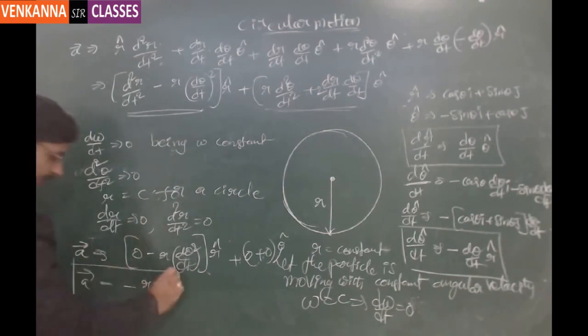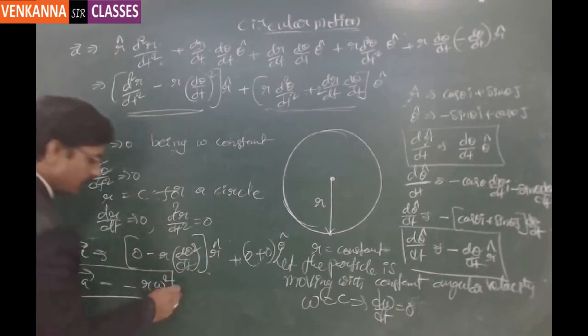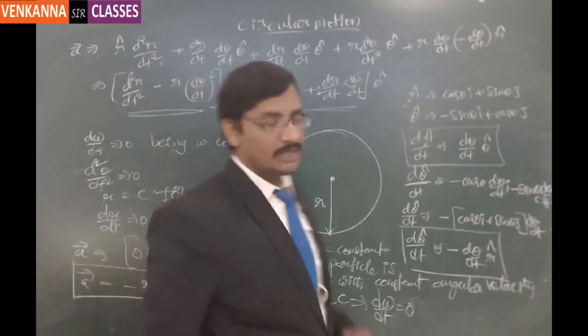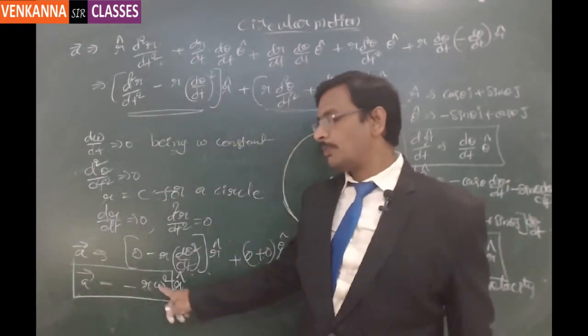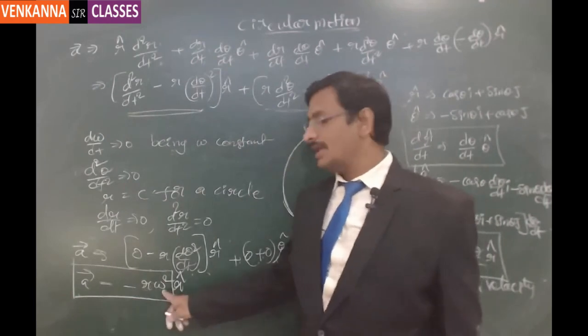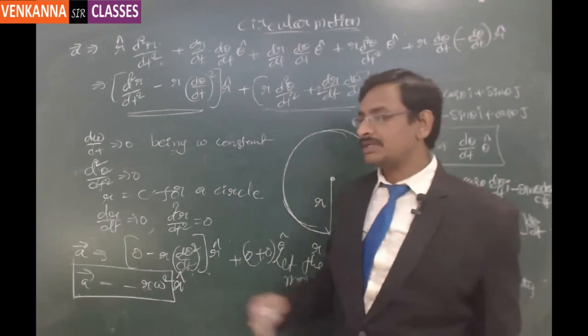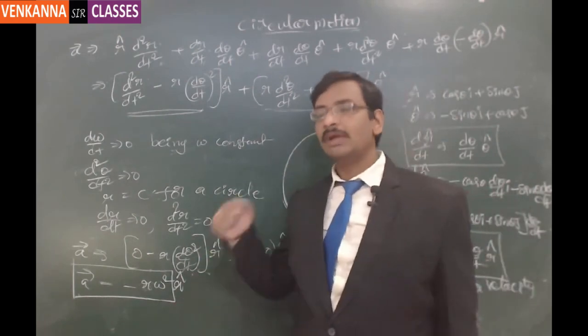This is one very important conclusion: minus r omega square r cap. R cap is the direction of the movement. So minus r omega square, this is what we popularly call the centripetal acceleration. Centripetal acceleration means there will be a force.